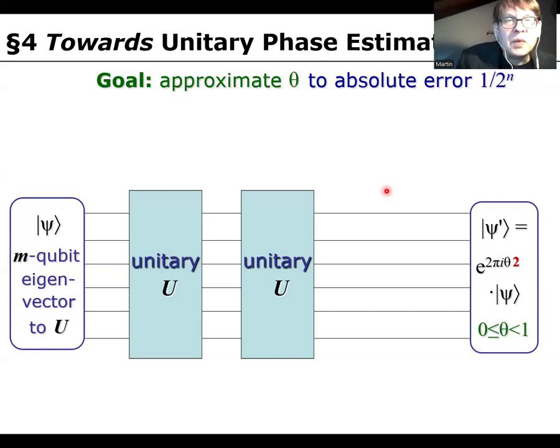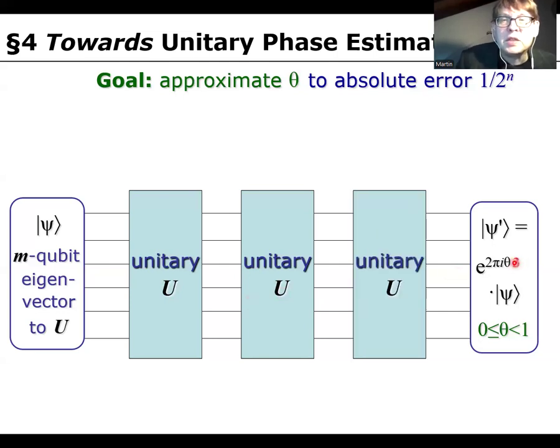And one thing to observe is that the composition of two unitary matrices, as I said, is again unitary, but now the phase of a double composition is twice. And if we have a threefold composition, then it will be three times.